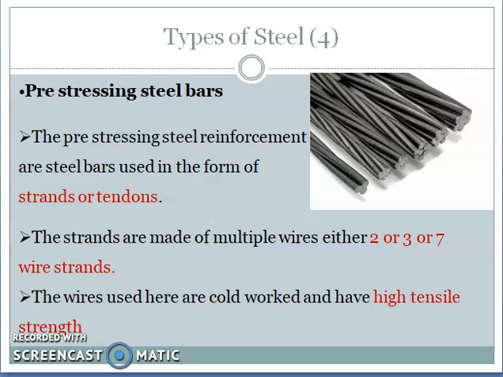If you see the picture, you will be able to see one particular rod is made of different wires, maybe 3 wires, or here there are 5 wires, or you can also make it with 7 wires. So one particular rod will be a combination of 3, 5 or 7 wire strands. The wires used here are cold worked and have very high tensile strength.